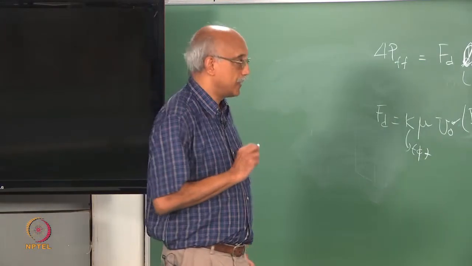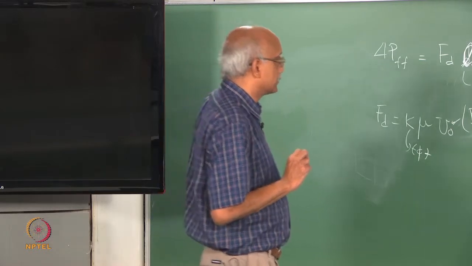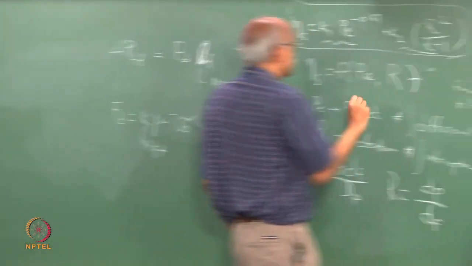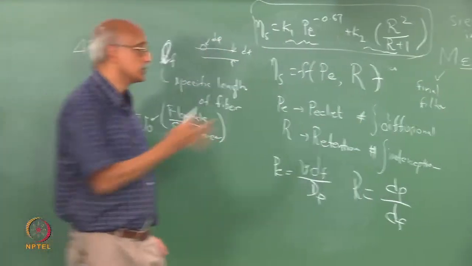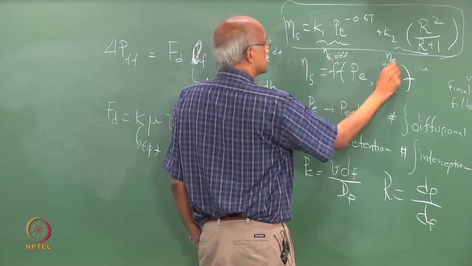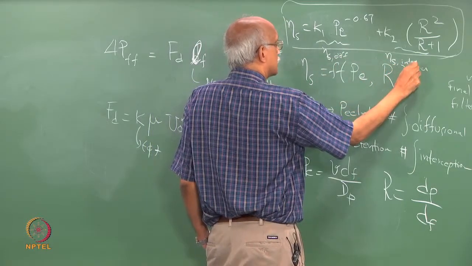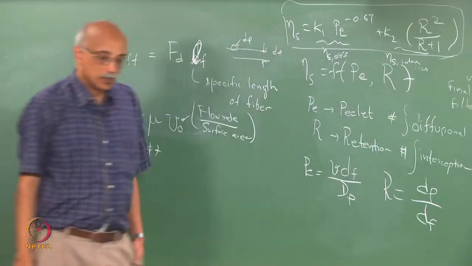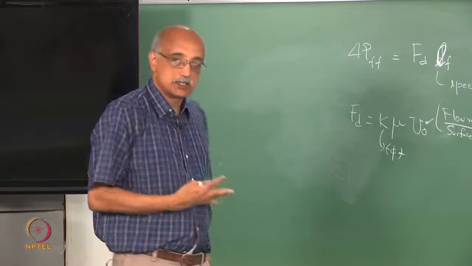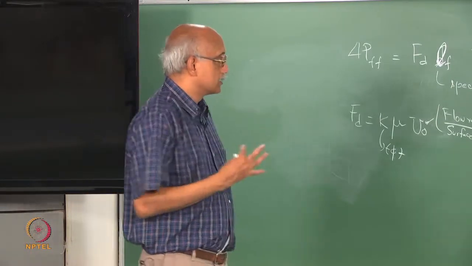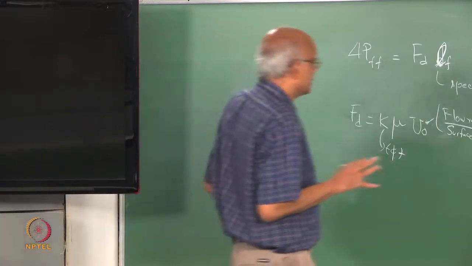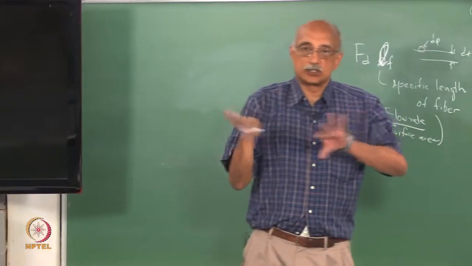This has two components and you can split them into a diffusional component, eta s diffusional, and eta s interception, and the overall efficiency is a sum of the two, which basically says that there is very little interference between the two phenomena.